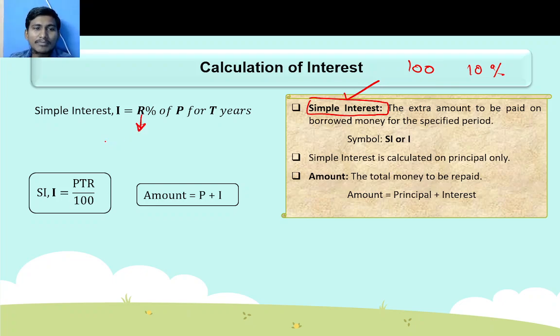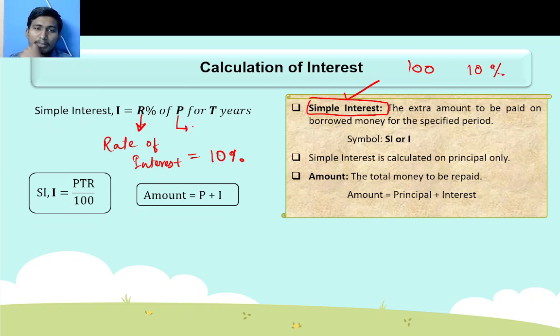R is rate of interest. It will be like 10%, 20%, 30%. The rate of interest is a percentage per year, 10% per year, or per month 1% per month, like that.